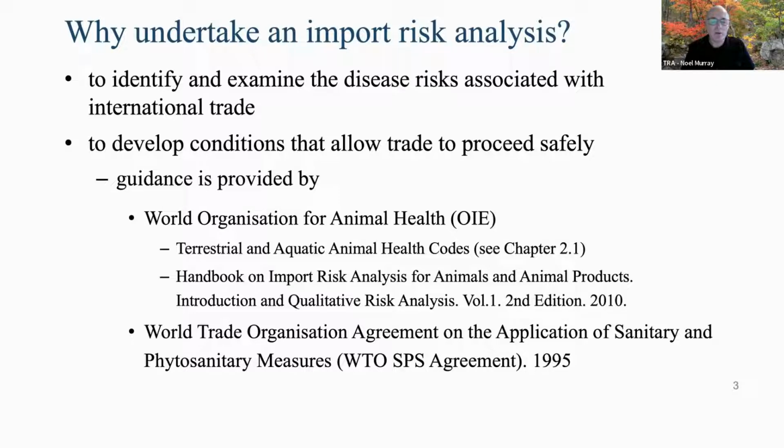I've made that available for everyone as a PDF, and I noticed Patrick has already included a link to that in the chat. So it's probably a resource that's worth looking at. And there's also the World Trade Organization agreement on the application of sanitary and phytosanitary measures, the so-called WTO SPS agreement that Thomas introduced last week.